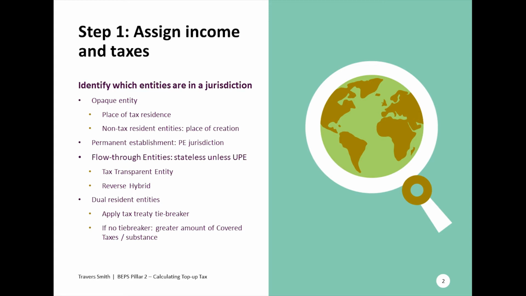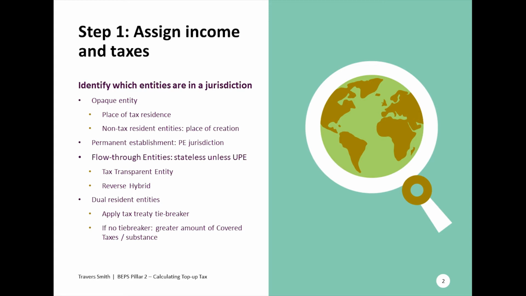Let's look now at flow-through entities. So these are fiscally transparent entities. If they are fiscally transparent in the place where they are created and in the owner jurisdiction, then they are a tax transparent entity. And if they are fiscally transparent in the place that they were created, but not in the jurisdiction where the owners are located, then they are a reverse hybrid.